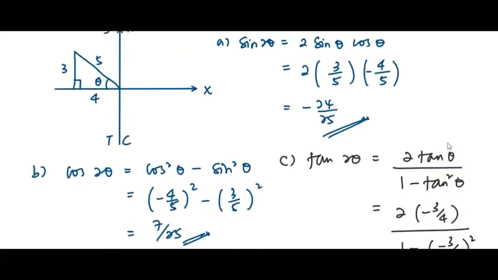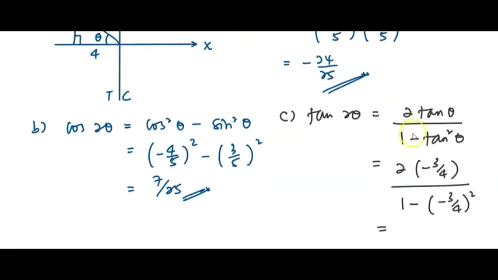But if you sketch your diagram correctly, you will also get a correct answer, because tangent has the ratio opposite over adjacent, that will be 3/4. And since theta is in the second quadrant, the tangent should be negative, so you have a negative sign here. Simplify, you will have -24/7.